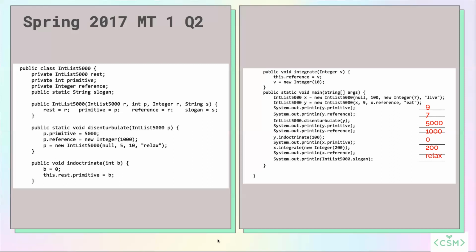Oh, check the chat. Okay, like for this example, you have public IntList5000, but you cannot have the following: public static void disinterbulate method be inside public IntList5000. Let's see.